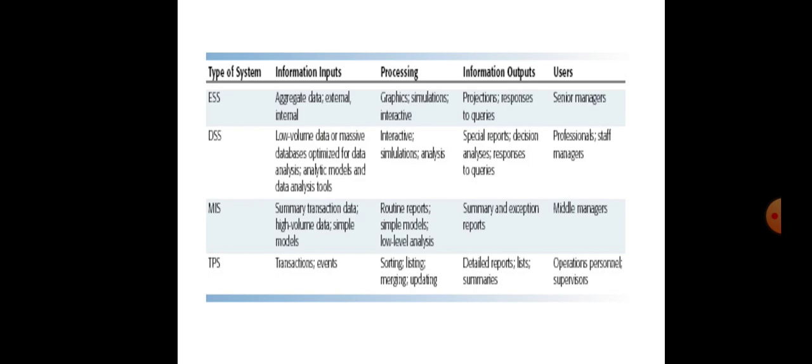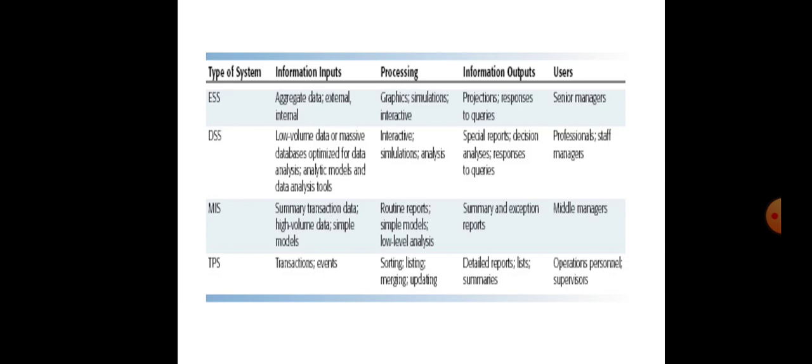The input is external data or aggregate data generated from external or internal sources. For processing we may use graphic simulations or interactive tools, and the output generated is projections or responses to queries, conveyed in different modes. The users are the senior managers.